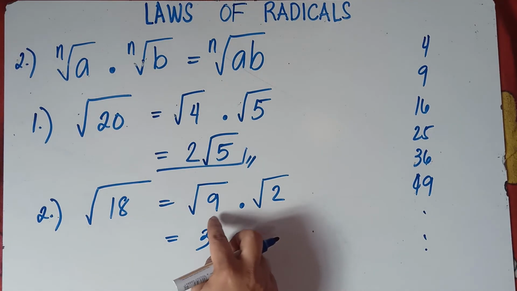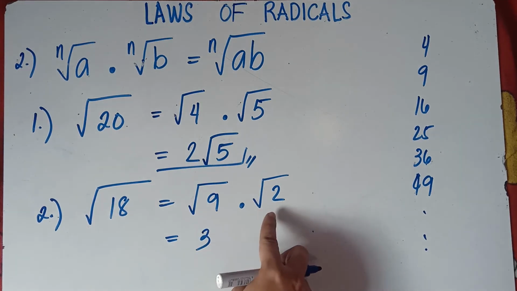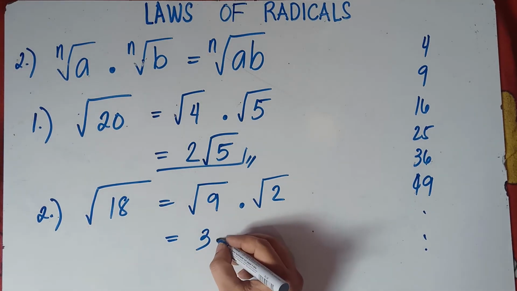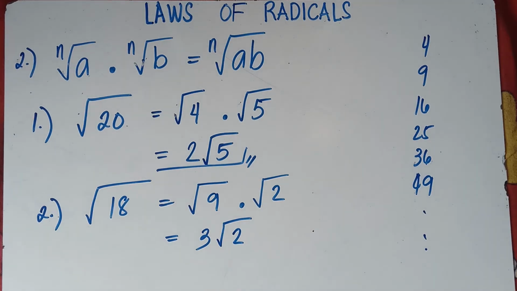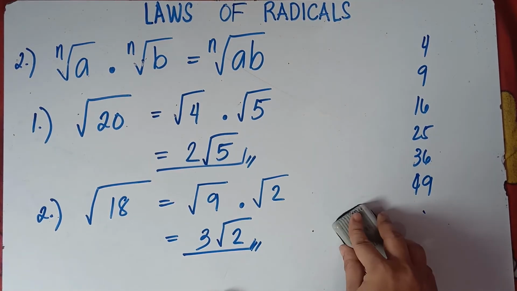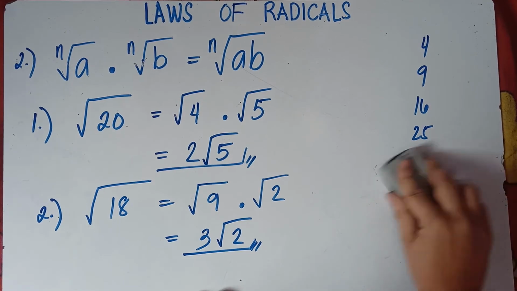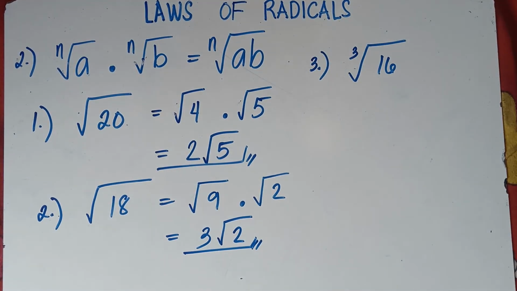So 3 times the square root of 2 would be 3 square root of 2. This will be our answer, class, for number 2. Alright, easy, right? Let's try number 3 example. Next, number 3, the cube root of 16.